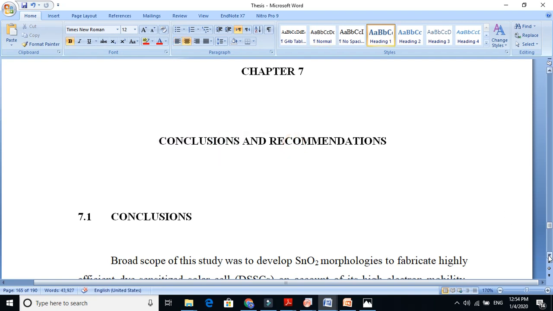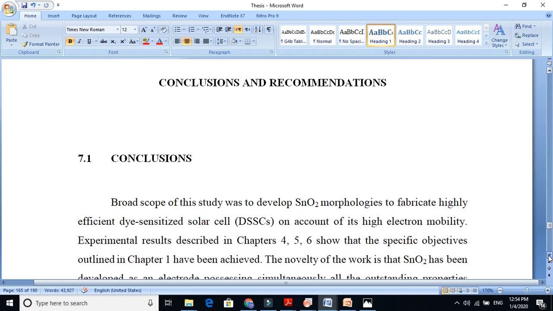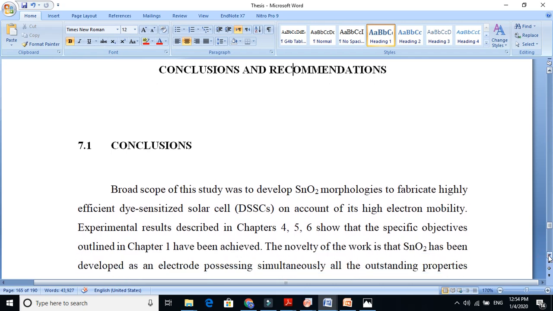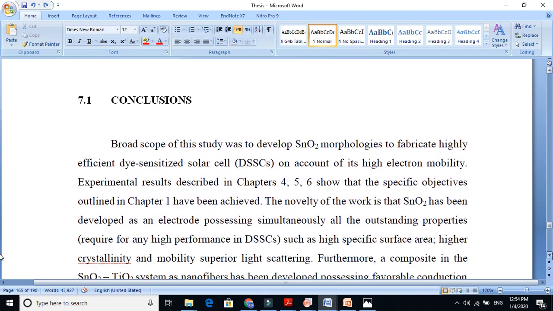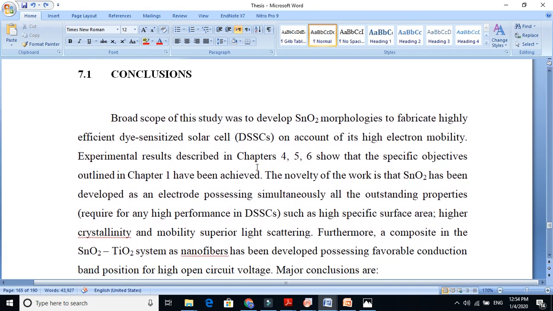So basically, as I explained before, every chapter we write a short introduction, but as this is the last chapter of our thesis, we do not need to write an introduction, we just start directly from the conclusion. You remember my result discussion was basically 3 chapters, chapter 4, chapter 5, chapter 6.